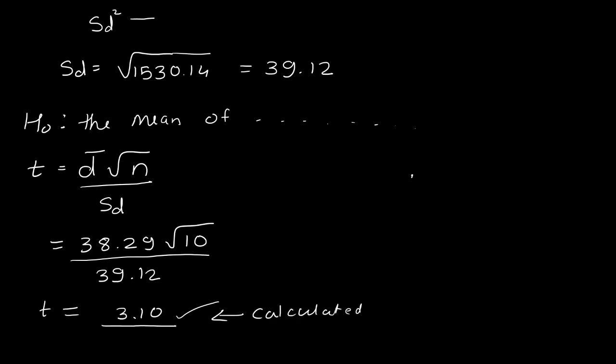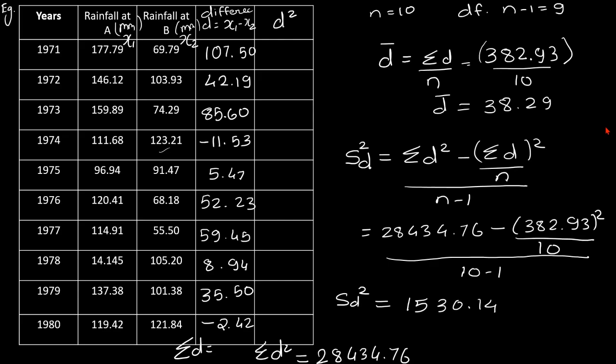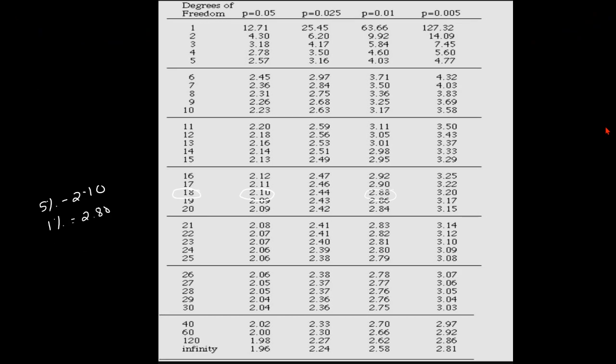Now let's see what my tabulated t value will be. I have seen that my degree of freedom is 9 in this case, that is n minus 1. So let's see what my tabulated t value is saying.